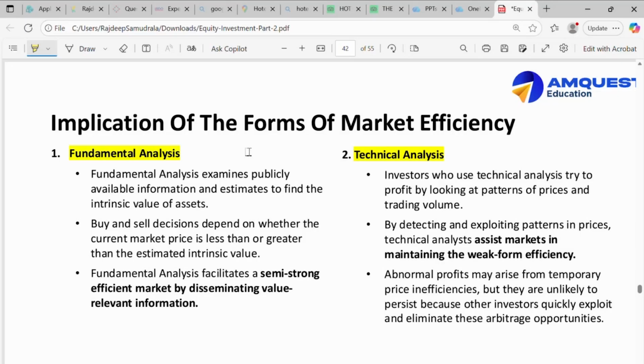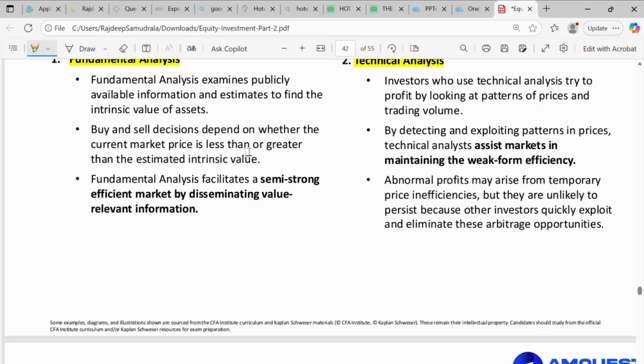Technical analysis, on the other side, is where you're trying to find out which shares are good or bad to buy based on the technical movement of the share price pattern, the trading volume, all of that. All of that helps you to detect which shares are good to purchase and which shares are not worth holding on to. Clear? So fundamental is based on fundamental analysis, technical is based on the price pattern and other behaviors.